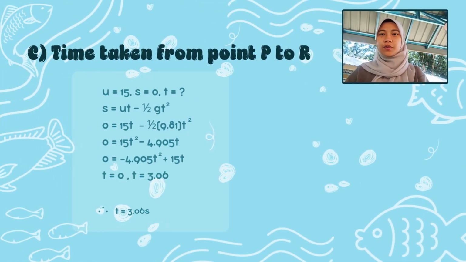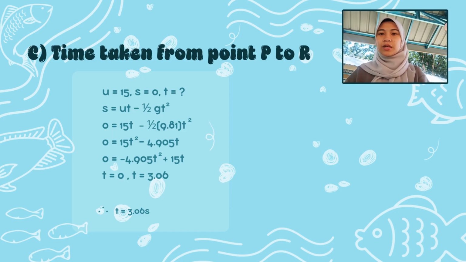Next, we move to question C. This question asks us to calculate the time taken from point P to R. For this question, we will be using the formula S equal to UT minus 1 over 2 GT power of 2. Then, we add the values that we have into the formula, where U equal to 15 and S equal to 0. So, it will be 0 equal to 15t minus 1 over 2 multiplied by 9.81 and multiplied by t power of 2.